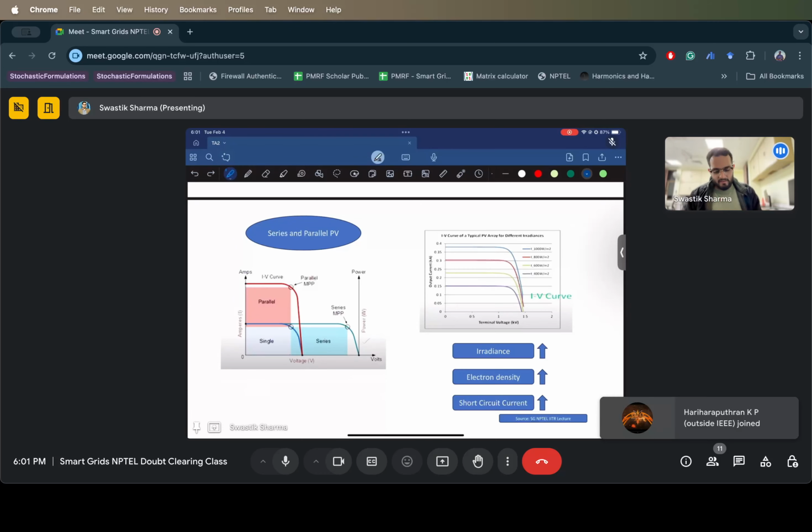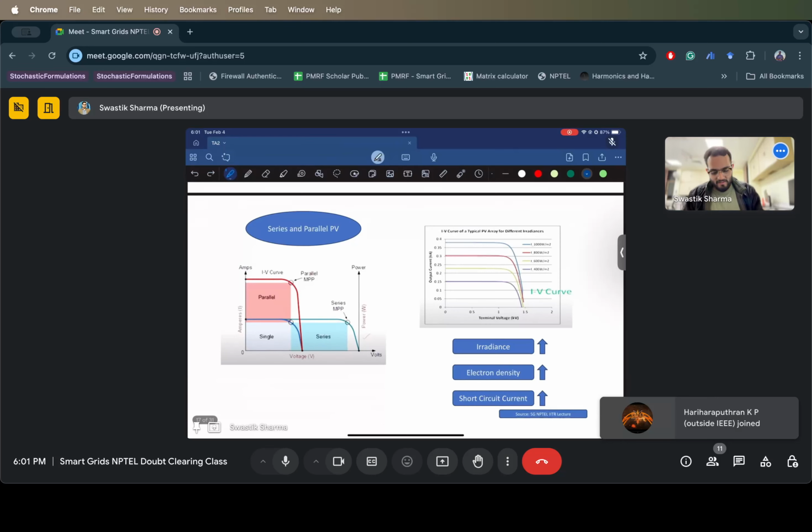But when we connect them in series, we see that the open circuit voltage has increased, but the MPP, the maximum power point, stays the same.